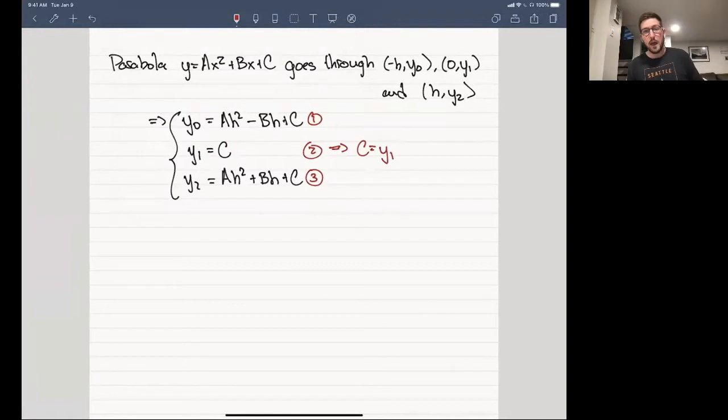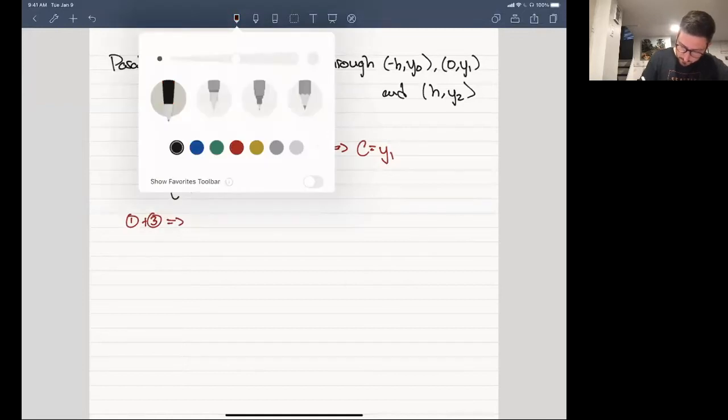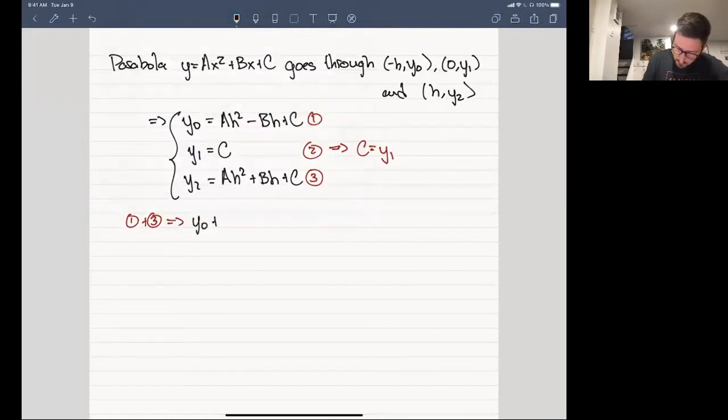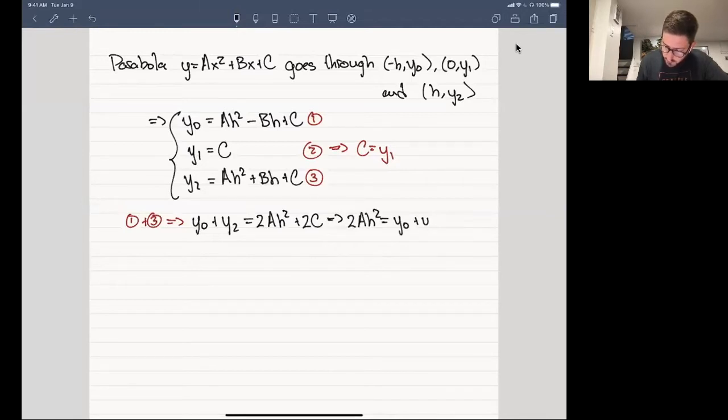Then if we add both equations, 1 plus 3, this gives me y0 plus y2 is equal to 2ah squared plus 2c. And from this equation, we can see that 2ah squared is equal to y0 plus y2 minus 2y1.